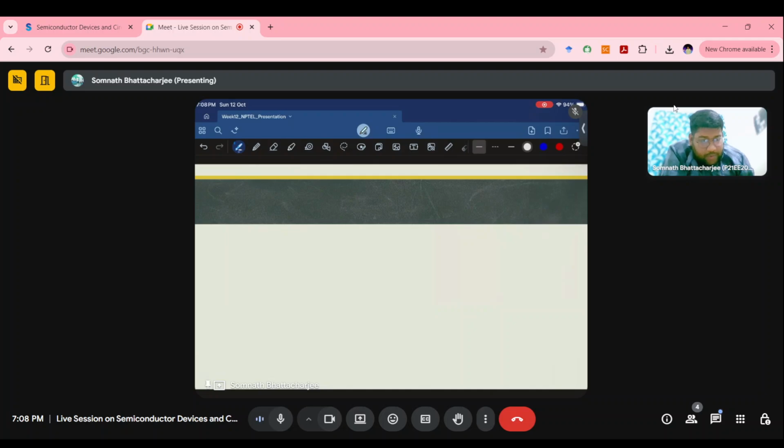So first we need to know what is large area electronics. Whenever we need to make a very large area transistor or device, an array of devices and those kinds of things, the main problem arises because we need a large size of wafer.